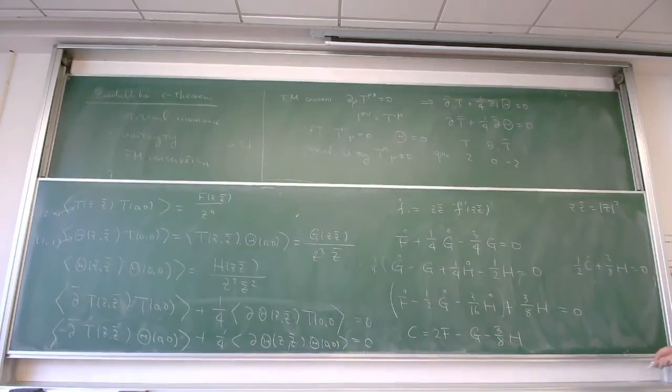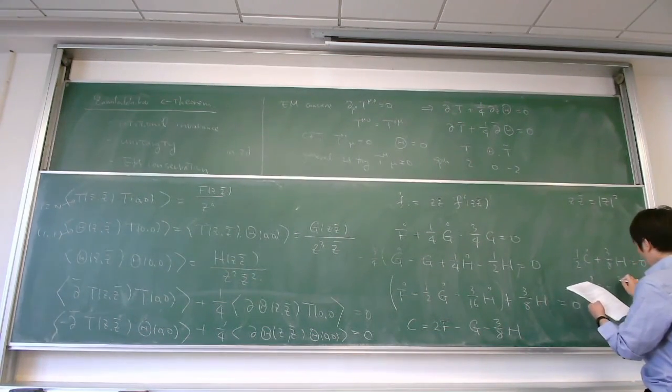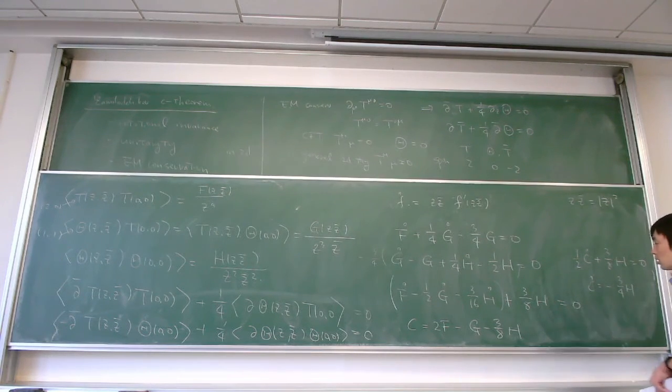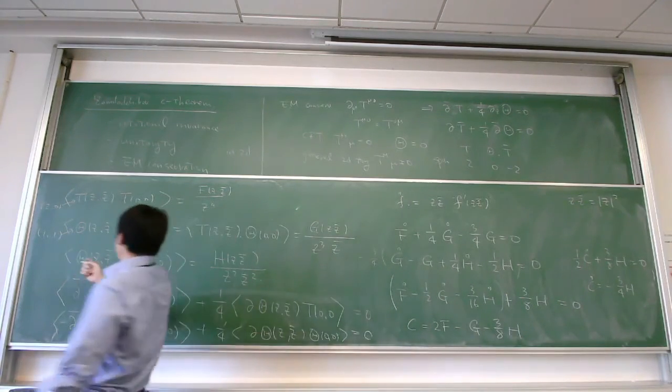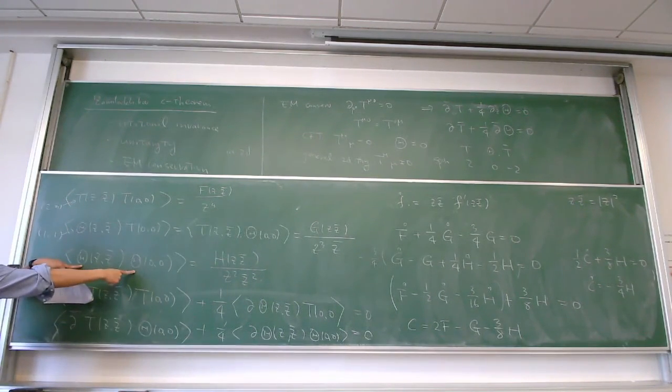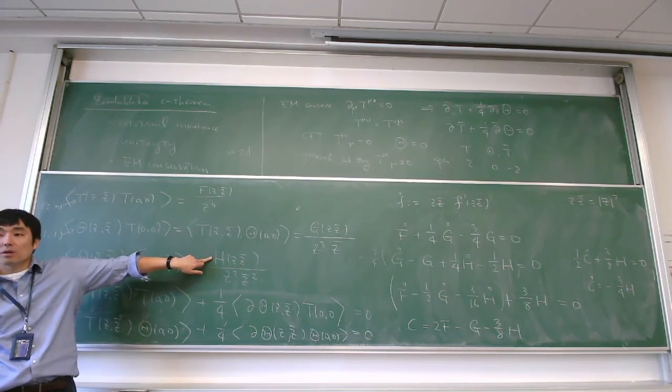So then C dot is equal to minus 3/4 h. Okay, so this is the case. And we know by unitarity, these two correlation functions should give you some positive answer. So therefore h has to be positive always.